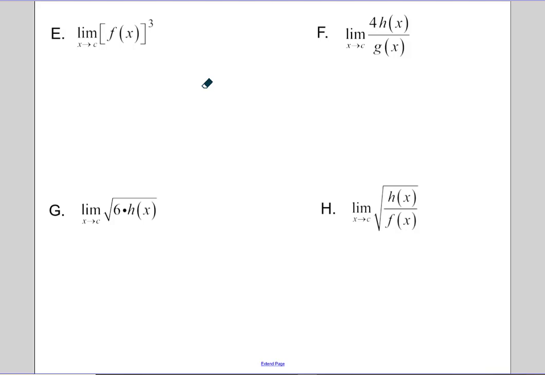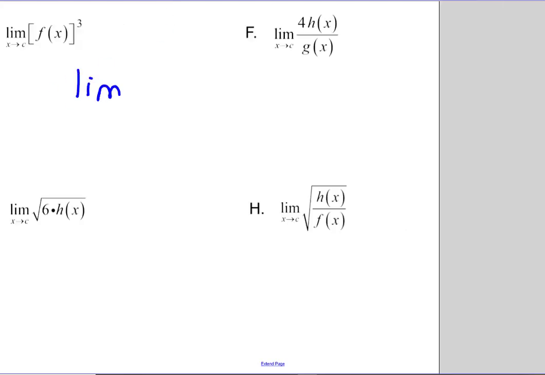On example E, we can take the limit as x approaches c for f of x, and find that limit, and then raise that entire limit to the third power.